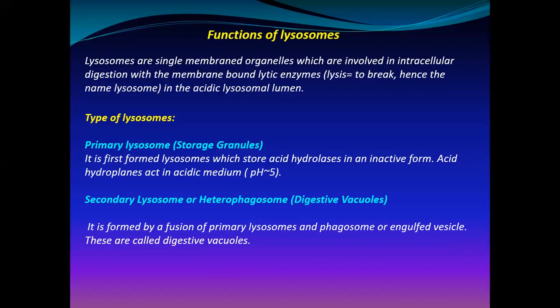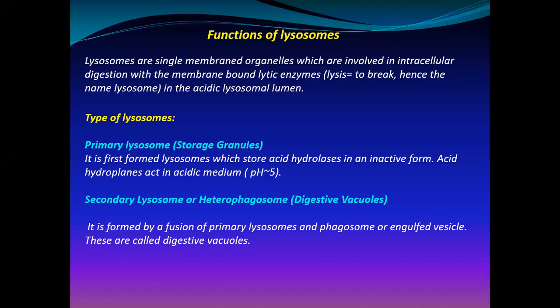Okay. So the functions of lysosome now. The lysosome is a single membrane organelle, right? But the only organelle which has a single membrane is lysosome. So that lysosome has lytic enzymes, right? The type of lysosome, we have primary lysosome.